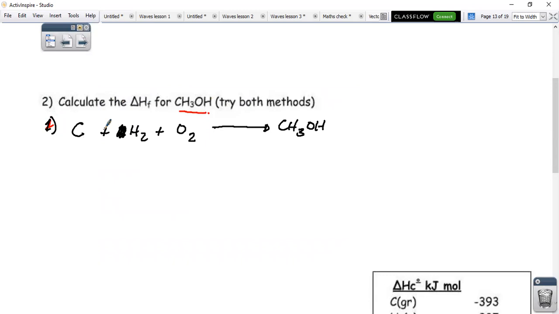Now we need to balance it. So what does it look like when I balance it then? What numbers should I use? Do you need to make the H2 to H3?